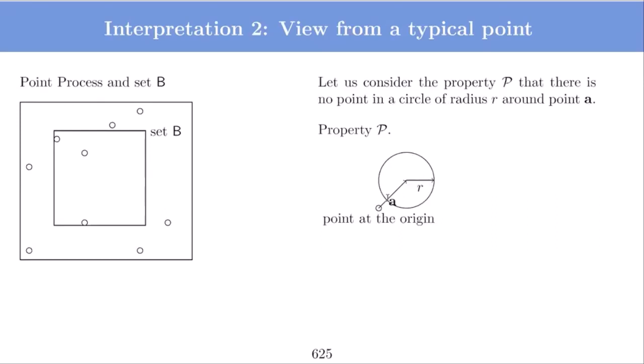Okay, so an illustration for that: suppose you have this point process and you have a set B, and you want to compute the property P, that there is no point in the circle of radius r around point a. So if there's a point at the origin, you make a ball around a with radius r and ask what is the probability that there is no point in this ball.